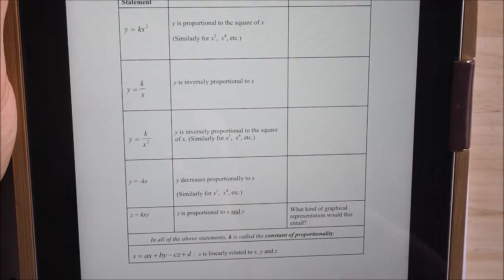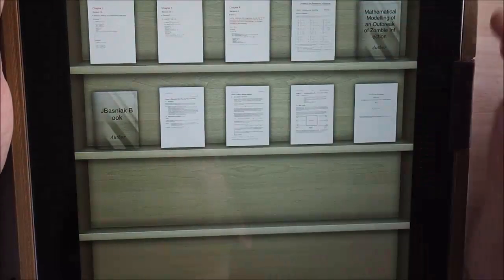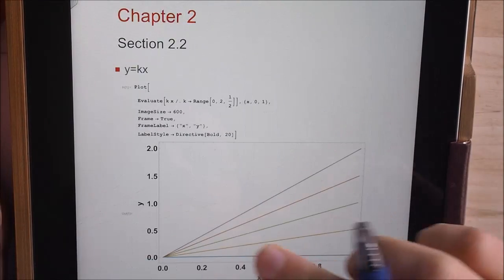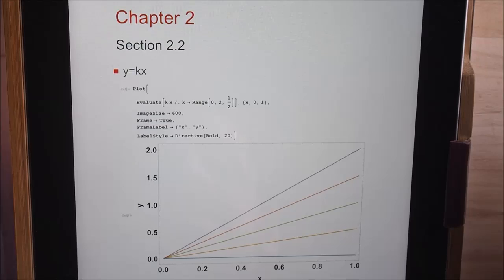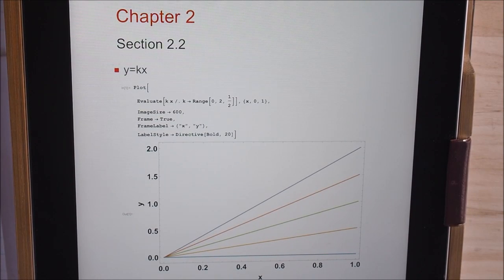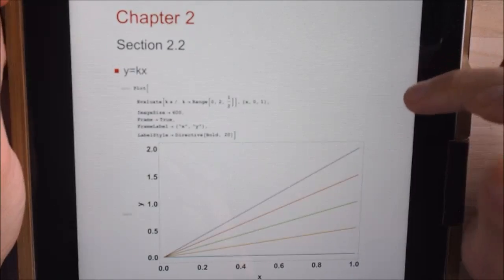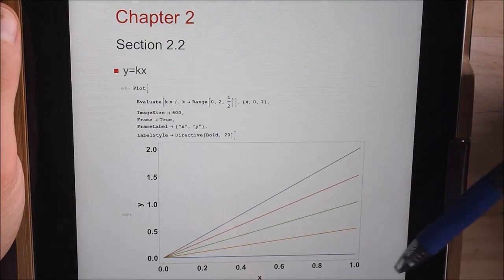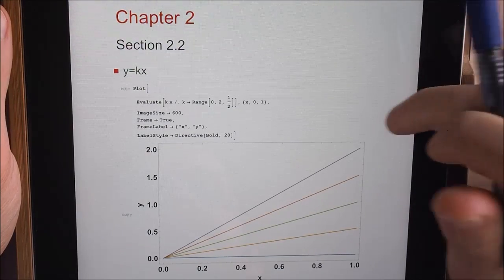So what I'm going to do is just open up some mathematical code, and we can see here what these different relationships look like. So the first relationship is y proportional to x, and what that looks like is just a linear relationship between y and x. So as x increases, y increases linearly, and the coefficient, that k in front, as it increases, it just affects the gradient of that increase.